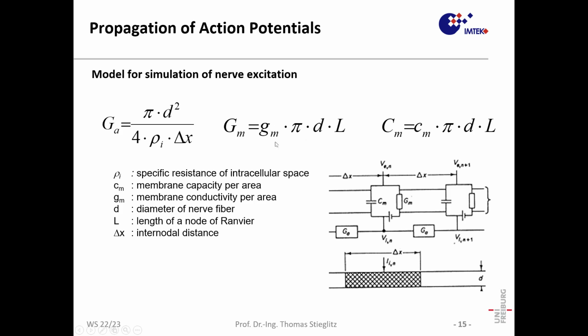And then we have here GM, so the membrane conductivity. If you have the membrane resistance, you just take the inverse, 1 over that. And for the membrane capacitance, the same story, but with the specific capacitance of the membrane.